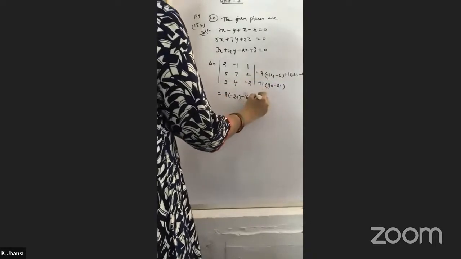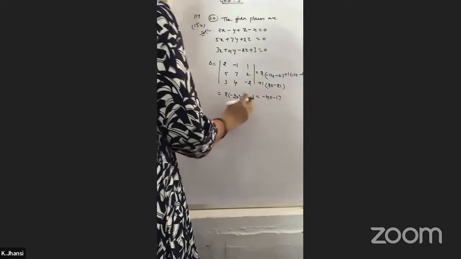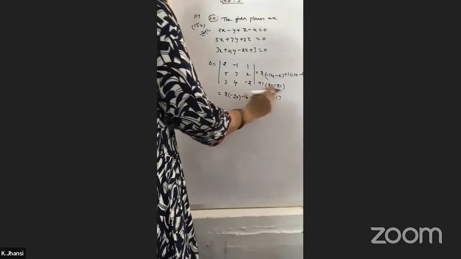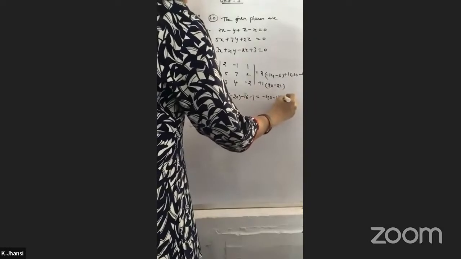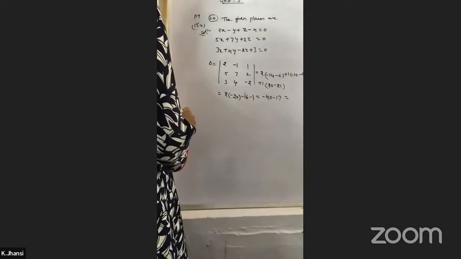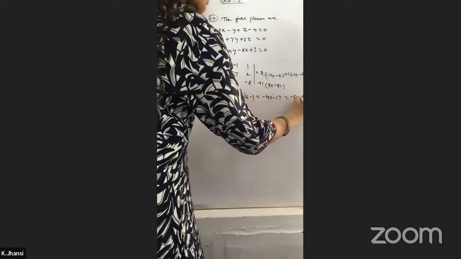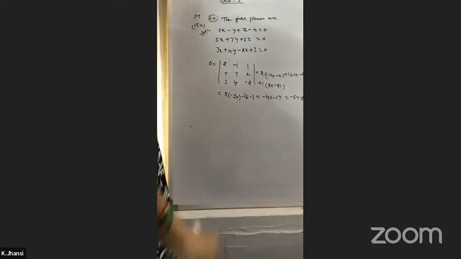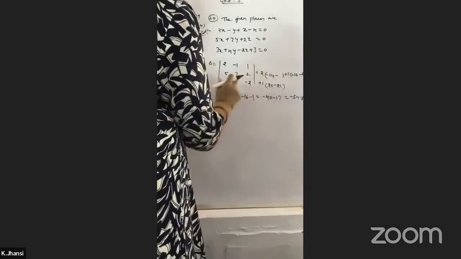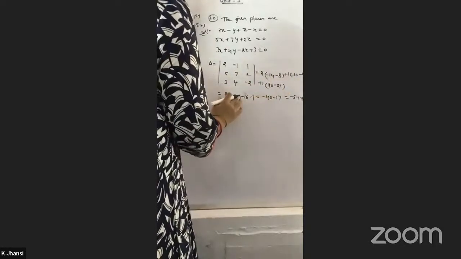This is minus 40 minus 70. Minus 14 minus 8, so minus 22.